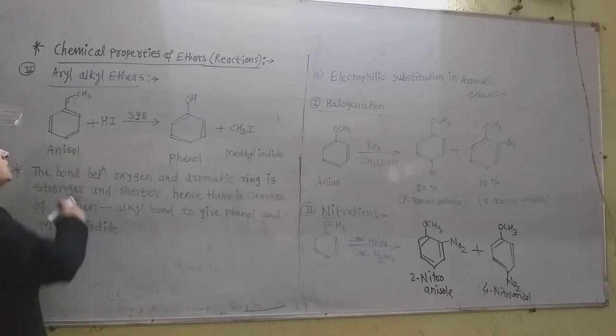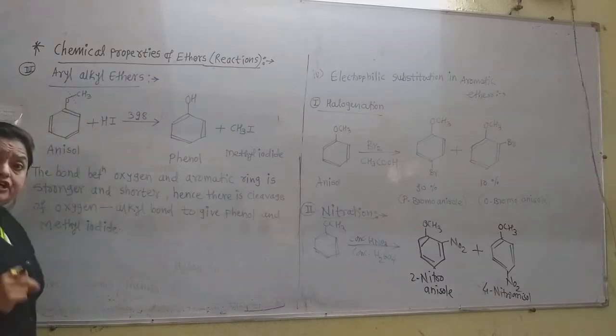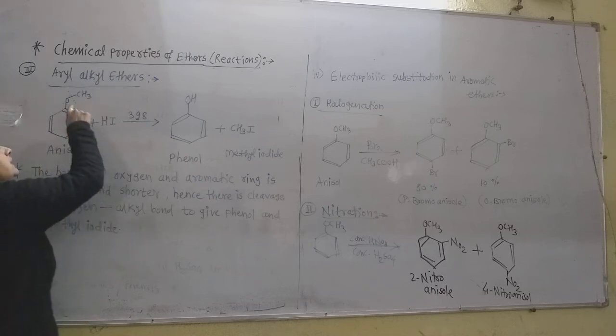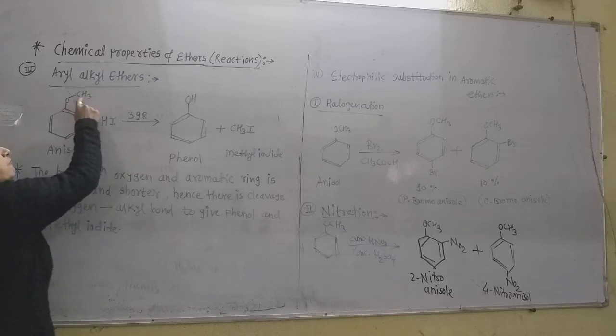But the bond between this aromatic ring carbon and this oxygen is shorter and stronger as compared to the bond between this oxygen and the carbon of the alkyl group. So this is somewhat weaker.